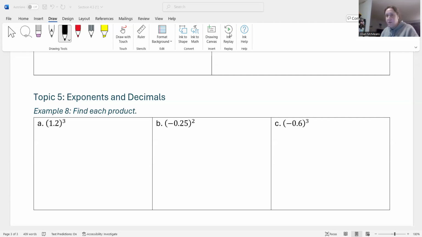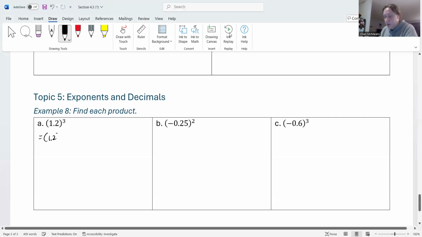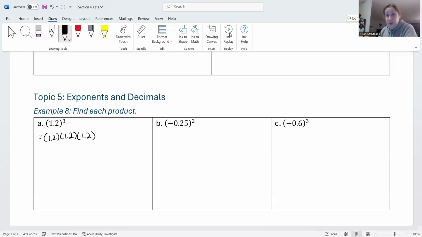So example 8 says find each product, and that's essentially what using exponents is. Remember, exponents are just a way of writing repeated multiplication. So if I have 1.2 to the third power, that's really like 1.2 times 1.2 times 1.2, okay? And if you're doing this by hand, there's not really a quick, easy shortcut.